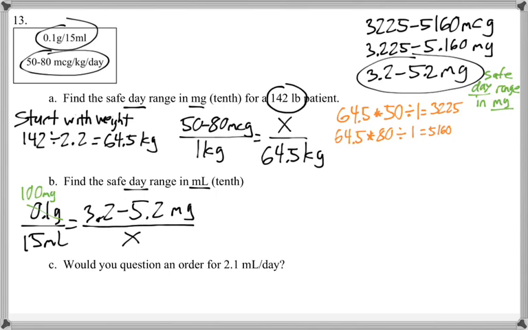So 15 times 3.2 divided by 100, we get 0.48, and then 15 times 5.2 divided by 100, we get 0.78.